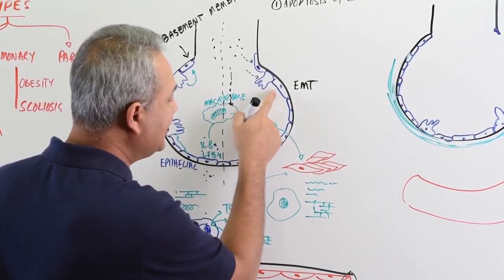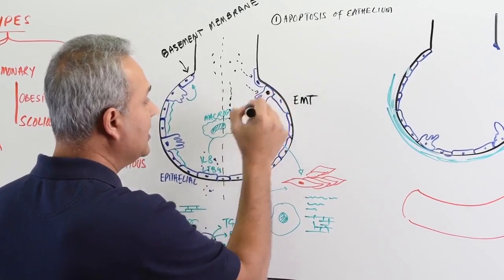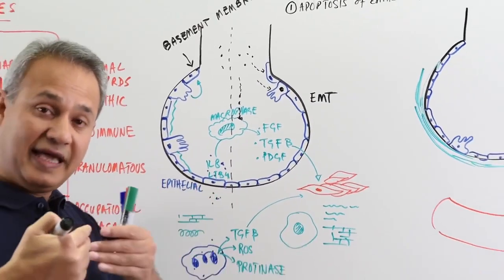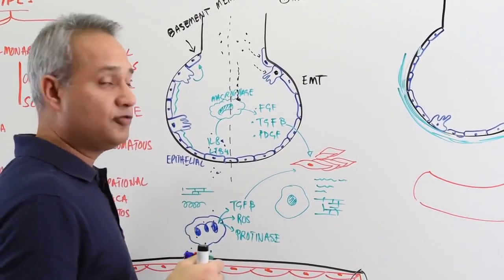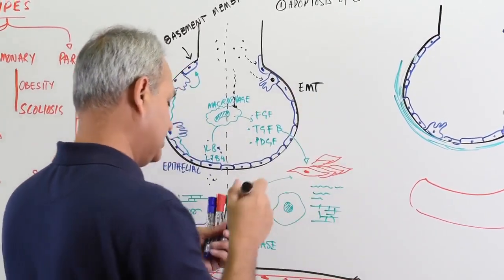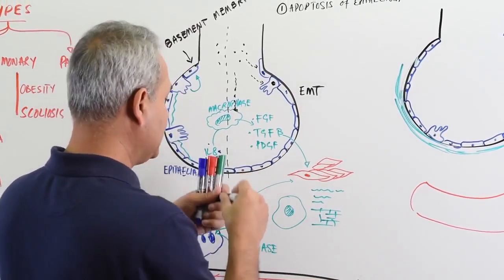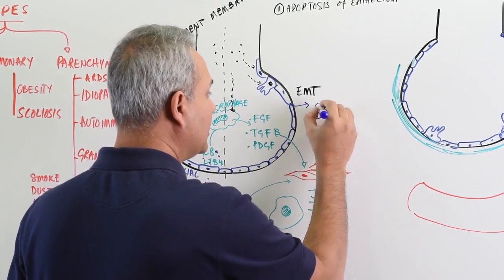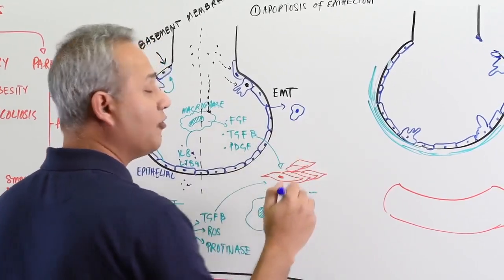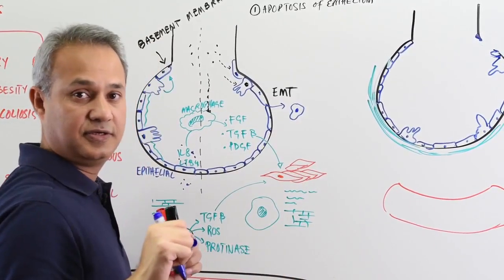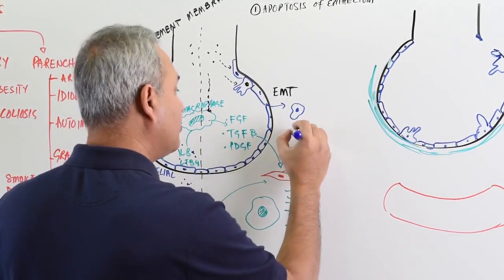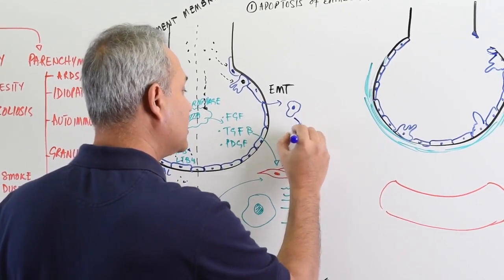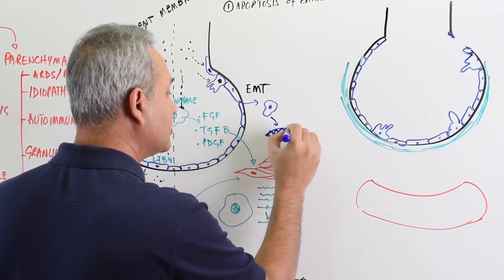That means these epithelial cells that are sitting here will become mesenchymal in origin, they will become ancient cells, and they would start migrating underneath, and as they migrate over here, they will start becoming smooth muscle cells, myocytes and fibrocytes.